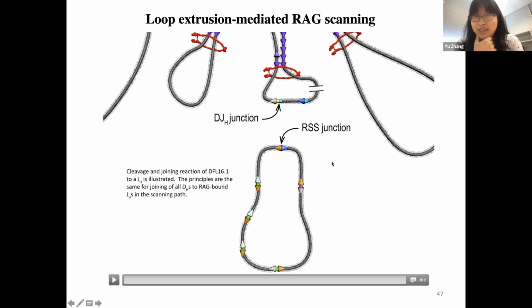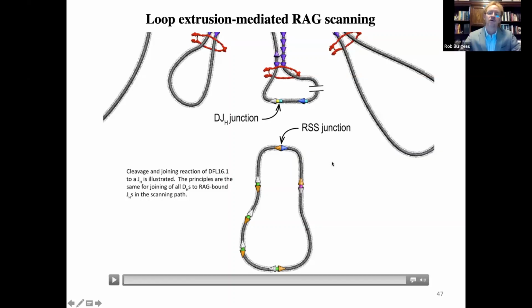It's actually a very good question. In a recent study by Fred, in a B-cell line, when they depleted WAPL and tested how far RAG scanning, or loop extrusion, can go, because the IgH locus is located near the telomere, at around 6 to 7 megabases from it, they found that when they deplete WAPL, the loop extrusion can go to the very end of the telomere.